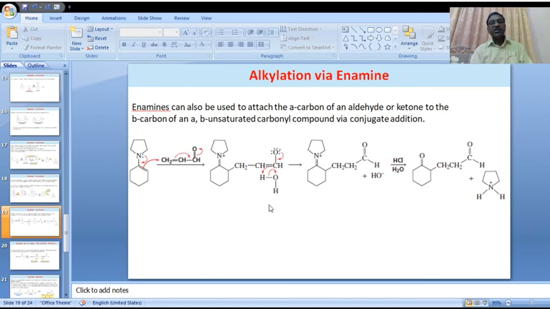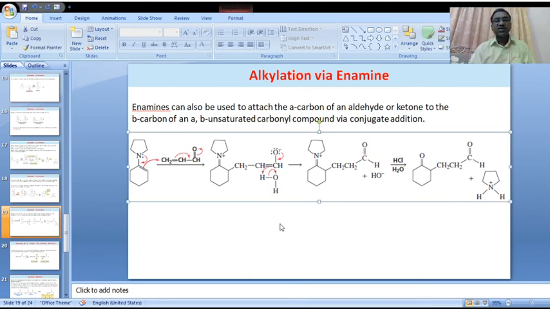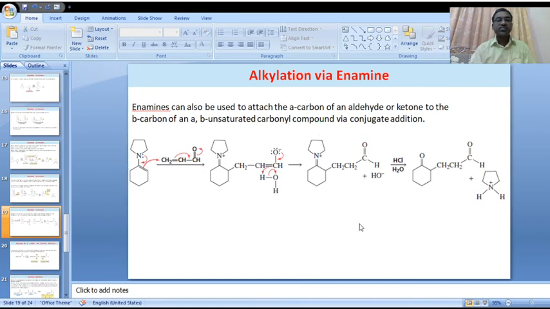Here this intermediate reacts with water and abstracts a proton, with breakage of the pi bond. Is it clear?